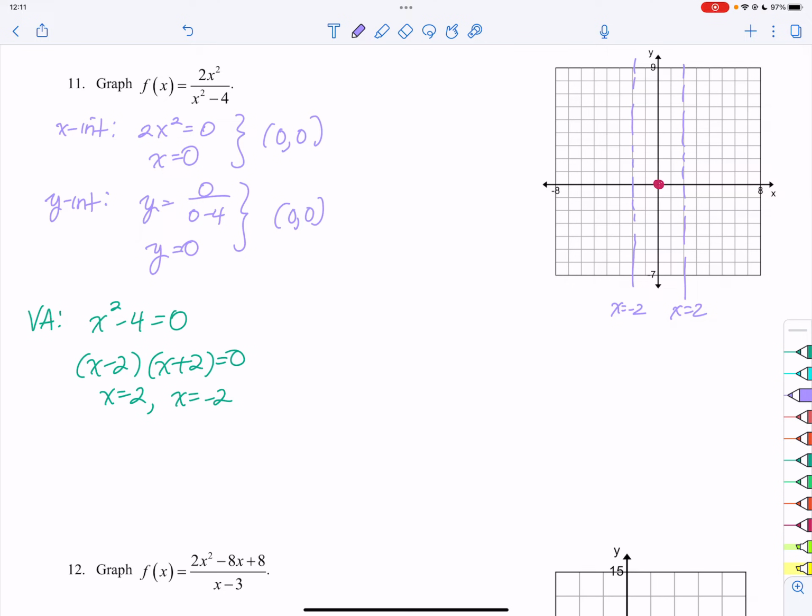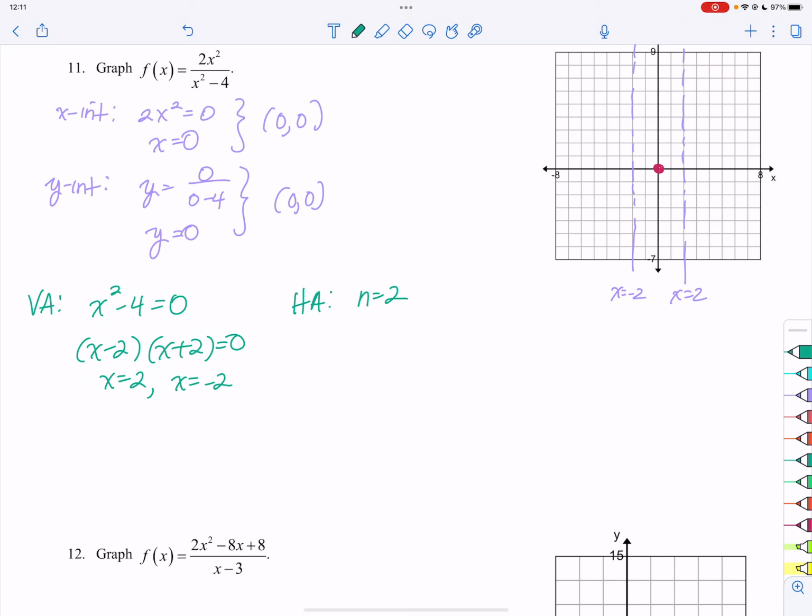And now let's look for the horizontal asymptote. The degree of the numerator is 2 and the degree of the denominator is 2. And so we have y equal to 2.